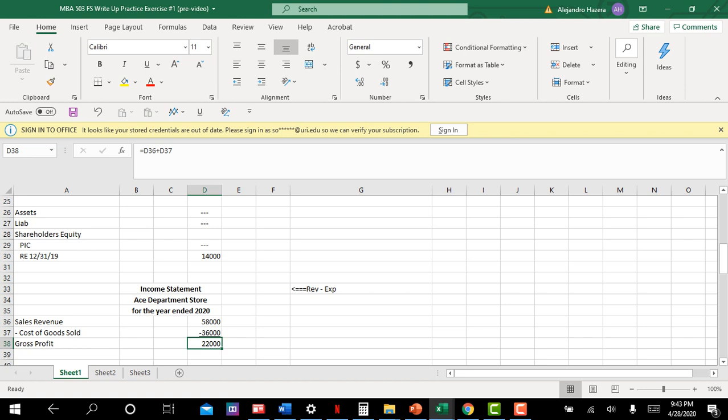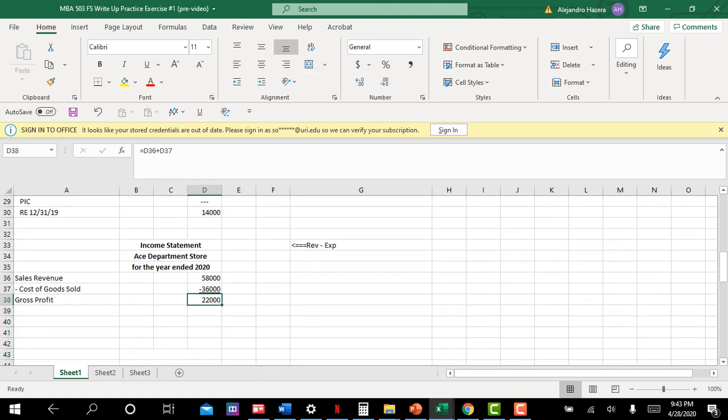If you don't have a gross profit, which is just what you make on the basic sale of products, the revenue you got minus the cost it took you to buy them from a vendor or to make them if you're a manufacturer, you have a non-viable business. Okay, so we do that. And notice that I put a negative in there, but there's the equation right there. It's a negative, so I added the two numbers together. Basically, it's 58,000 revenue minus cost of goods sold of 36,000, which gives you a gross profit of 22,000, excuse me.